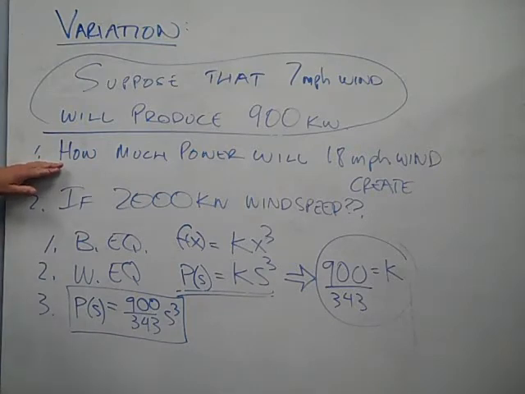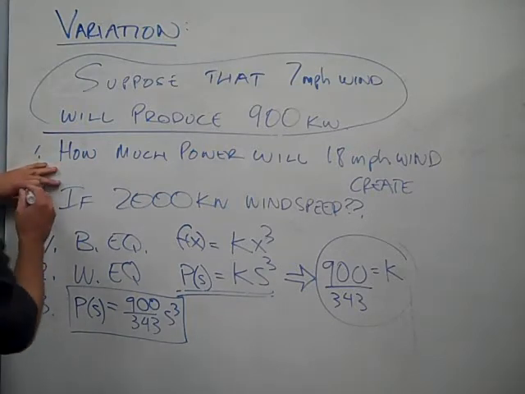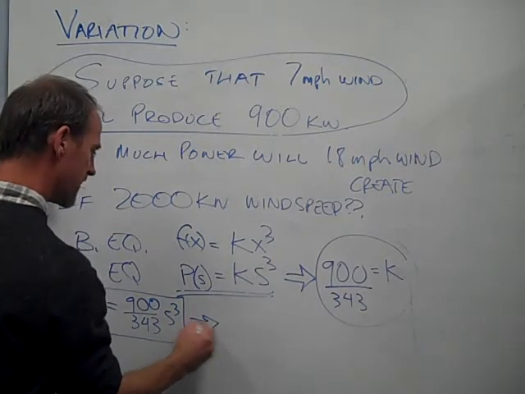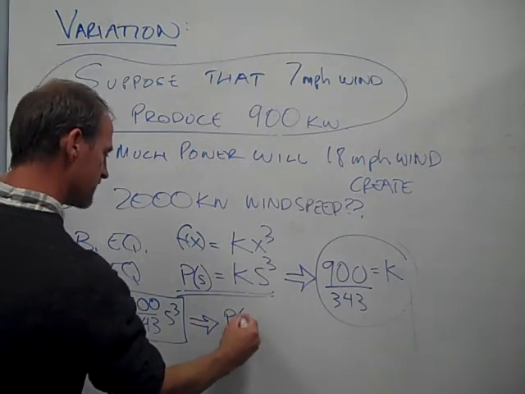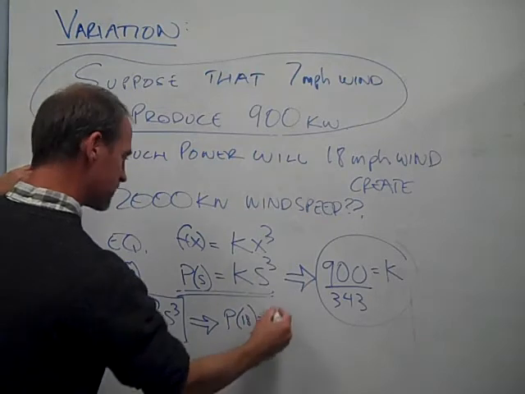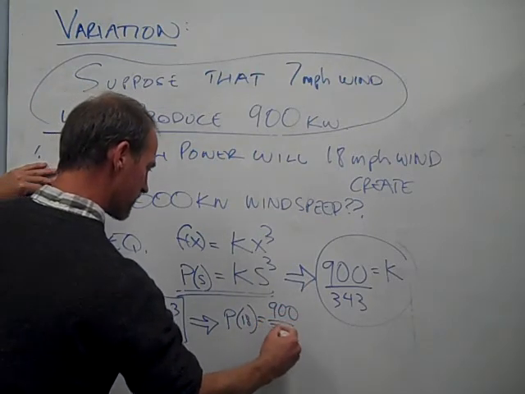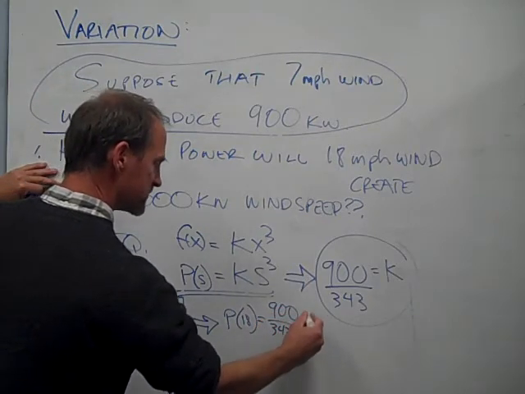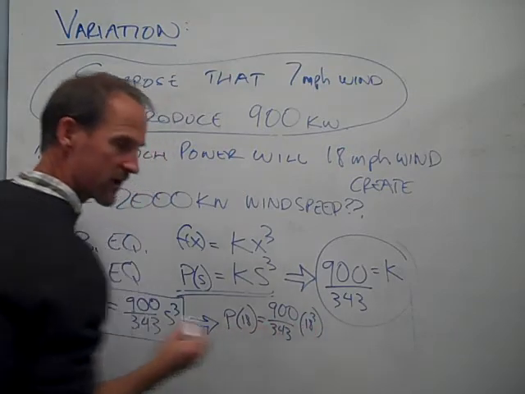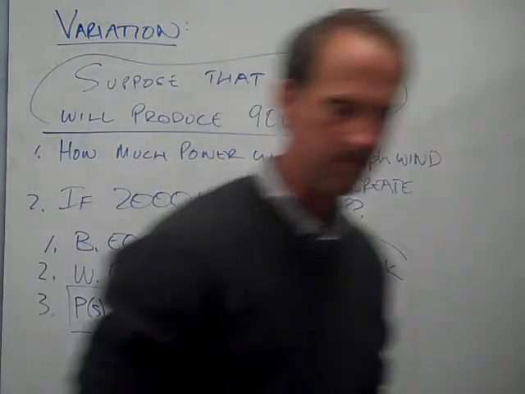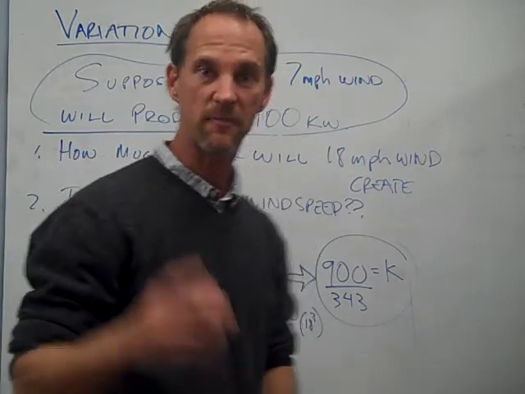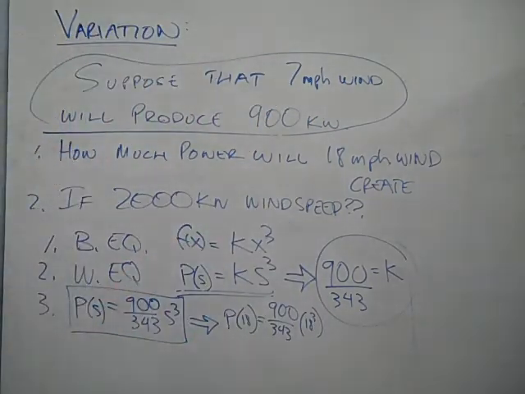How much power will an 18 mile per hour wind produce? So that will be P of 18 is equal to 900 over 343 times 18 cubed. I don't have a calculator, so I'm going to go grab one and I'll be right back.